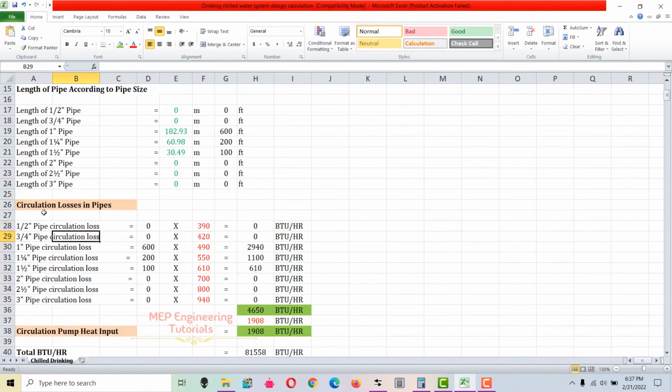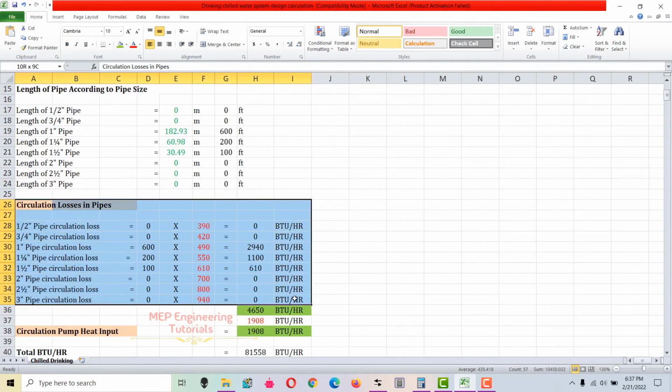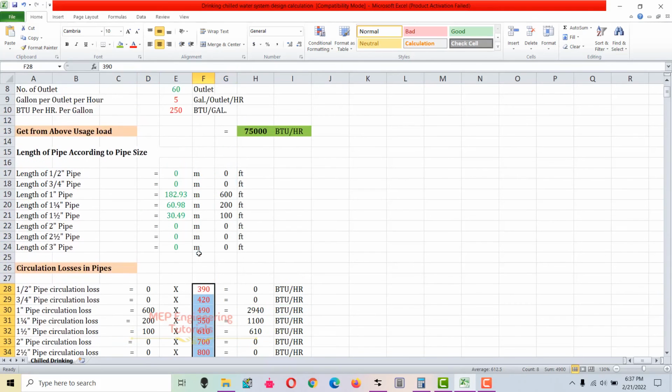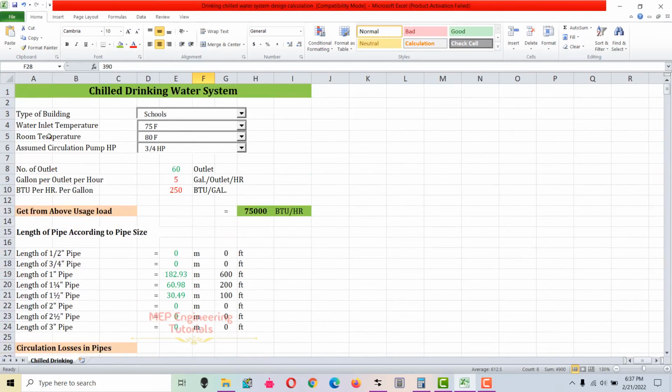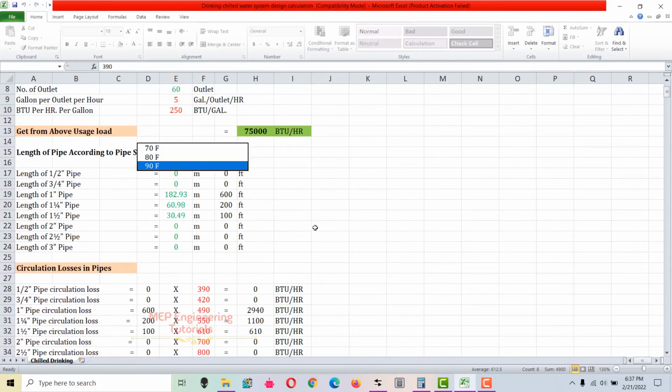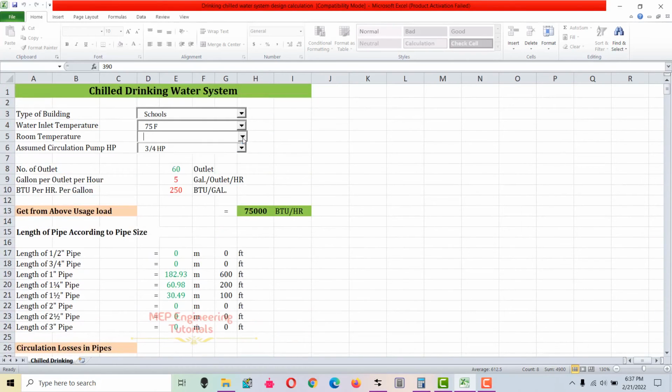So now I have to calculate the circulation losses in the pipe. I have written the pipe lengths in here, which are the same as here, and these values are in BTUs per hour per 100 foot of the pipe. These values depend on the room temperature which you selected in here, 80 degrees Fahrenheit. If I change this to 90, these values will be changed accordingly.